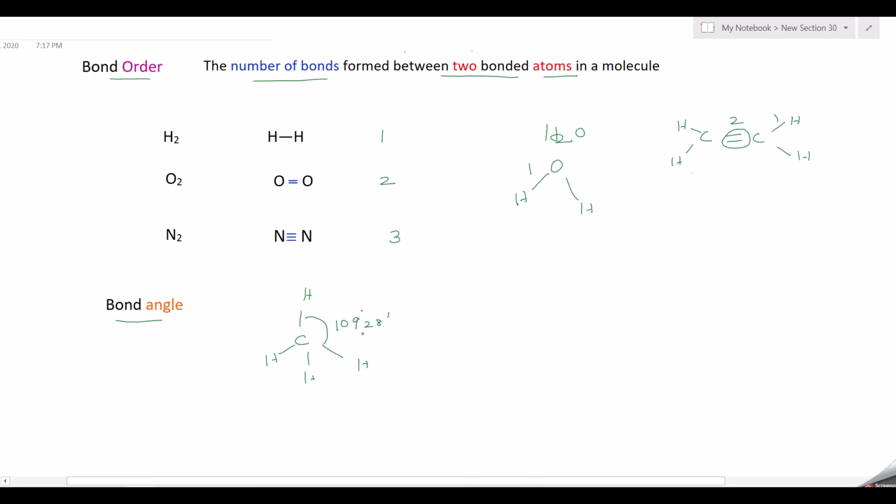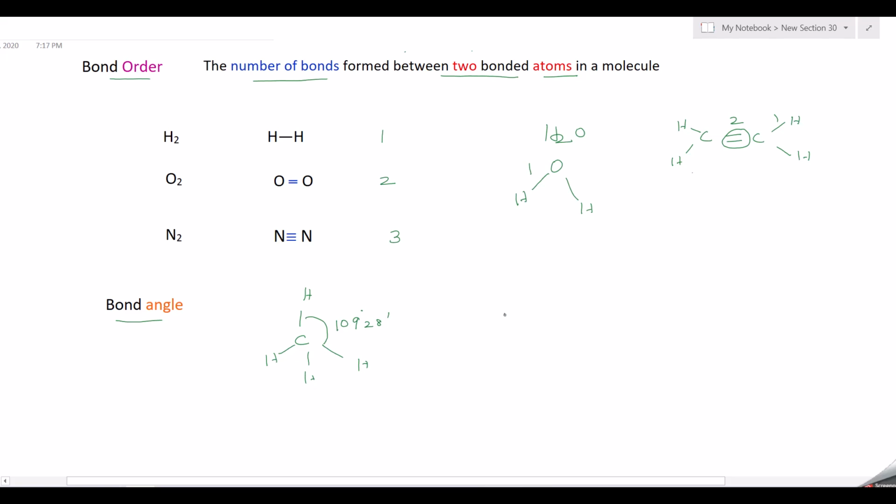So this is the bond angle between two C-H bonds in methane. This we can find out only through spectroscopic methods, and this bond angle will give an idea about the shape of the molecule. This bond angle and the shape of the molecule we will be learning under later theories like VSEPR theory and hybridization theory.